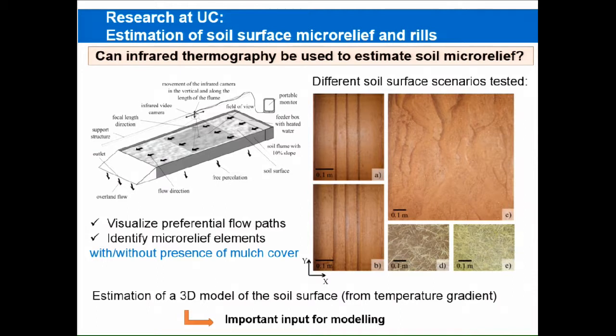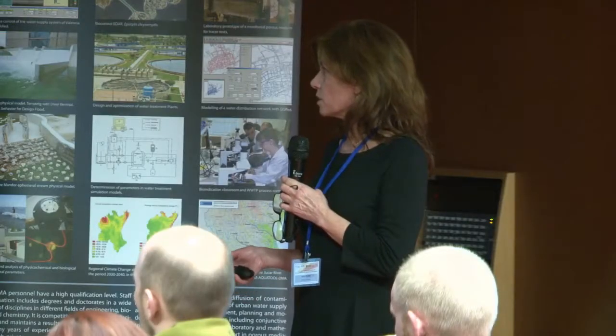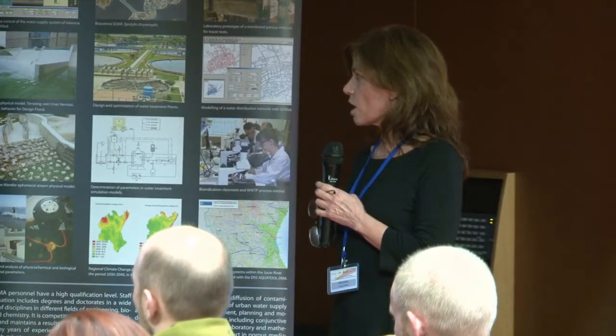In this particular case, we were willing to visualize preferential flow paths and identify micro-relief elements even in situations of non-bare soil, so when the soil was covered with, for instance, mulch, and we have tried to do that with different coverage percentages of the soil.